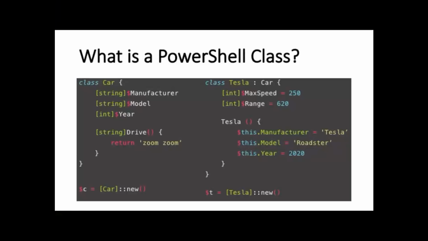In this case, I'm creating a new class called Tesla, extending from Car, and giving it a couple of additional attributes like max speed and range, and also setting its manufacturer, model, and year to what is specific to a Tesla. This is a very basic example of defining a class and extending it. But what this shows is you can reuse a lot of code in a base class or subsequent classes.